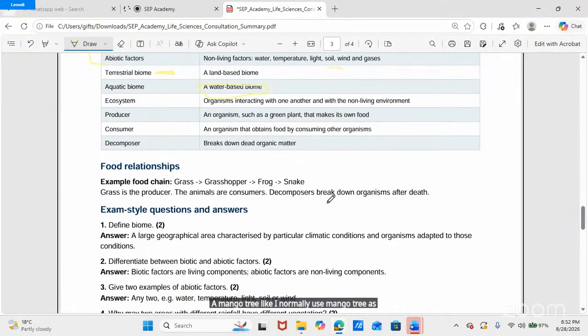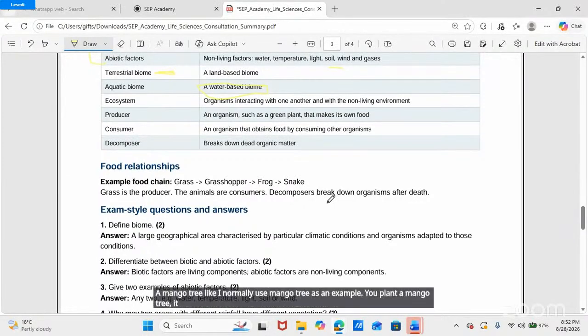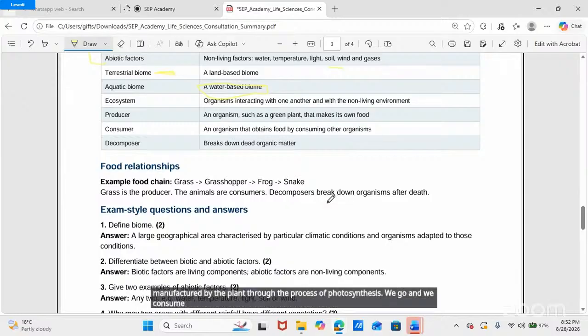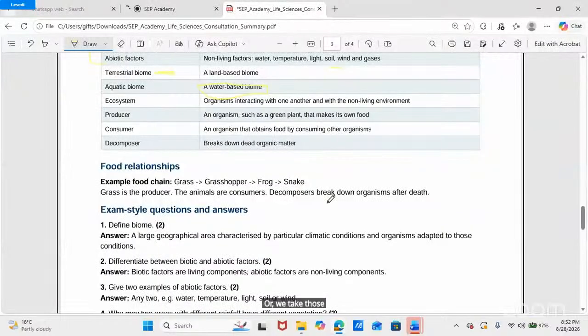You plant a mango tree, it grows, and after it has grown, it contains energy. That energy was manufactured by the plant through photosynthesis. We consume the mango, or we take those mangoes and feed them to our pigs. Let's say we have a pig farm, right?